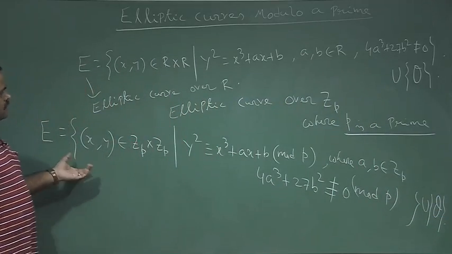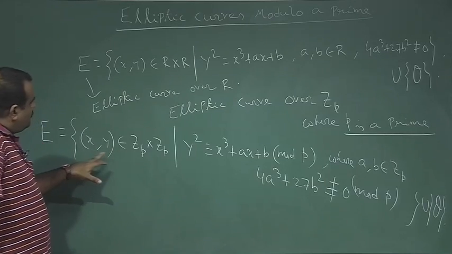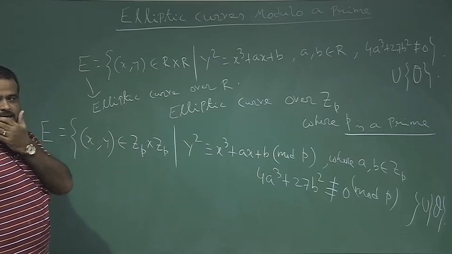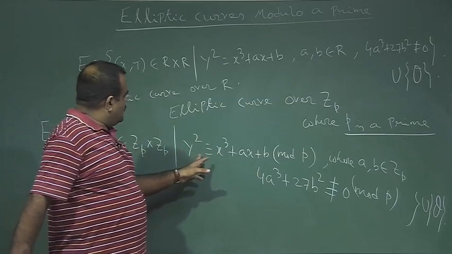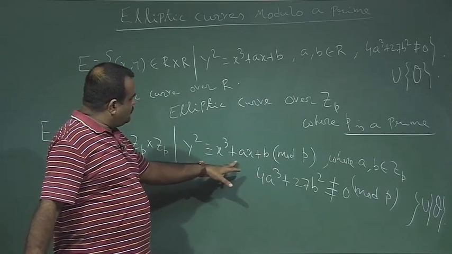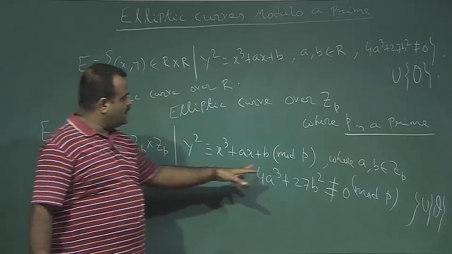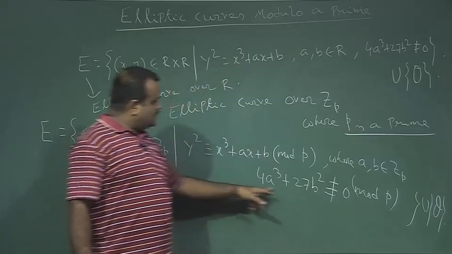Okay. So this set and all the points are coming from Z_p. Earlier it was coming from R. Now our set is from Z_p, and these points satisfy the modulo equation y squared equals x cubed plus ax plus b mod p, where a, b are coming from Z_p again, and we have a non-singularity condition.